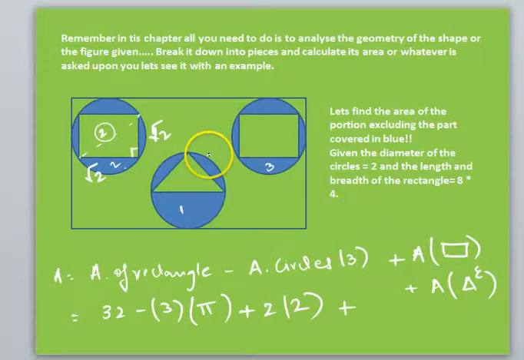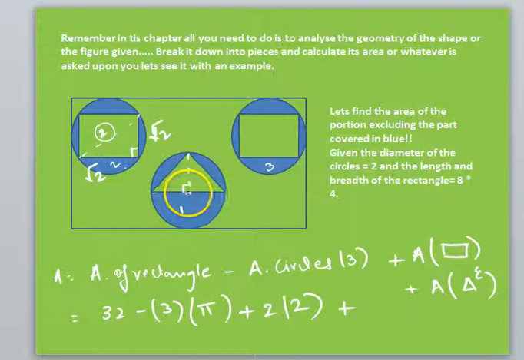Plus the area of the triangle. How will I find the area of my triangle? Area of a triangle is equal to half base into height. Since this triangle is inscribed in a circle, it is an equilateral triangle. Therefore, if I drop a perpendicular down from here to here, it cuts at the midpoint.